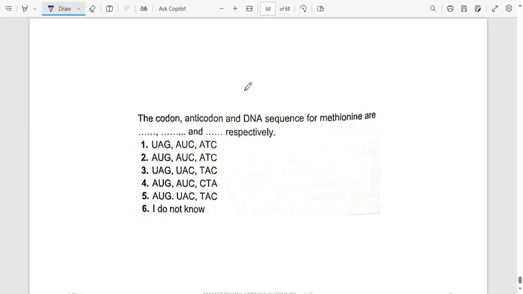The codon, anticodon, and DNA sequence for methionine are. So let's start with the codon for methionine. What is the codon? A, U, G. And then what will be the anticodon? A pairs up with what?